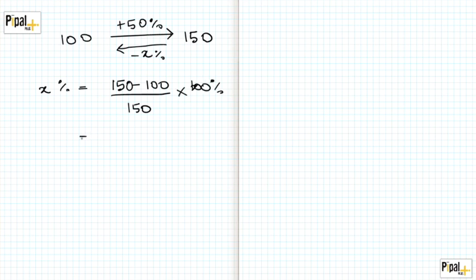Now this becomes 50 into 100% upon 150, which is equal to 33 1/3%. So you notice that to start from a base, to go somewhere, and to come back, the percentages are different. I increase something by 50%, but I reduce that result by 33 1/3% to come back to 100.